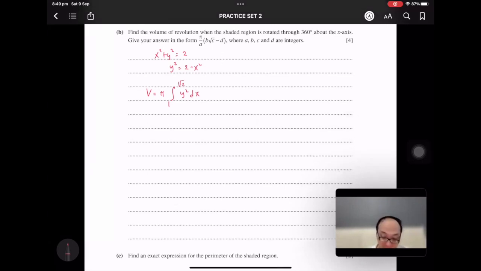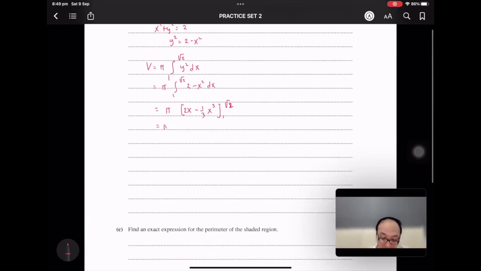So in here, pi integral from 1 to square root 2 of 2 minus x squared dx. So pi, this is 2x minus 1 over 3 x cubed, from 1 until root 2.